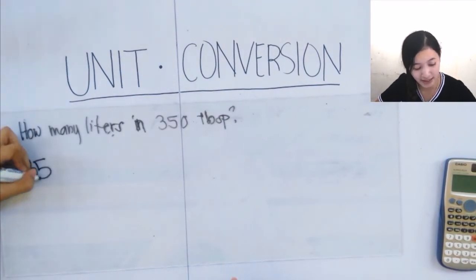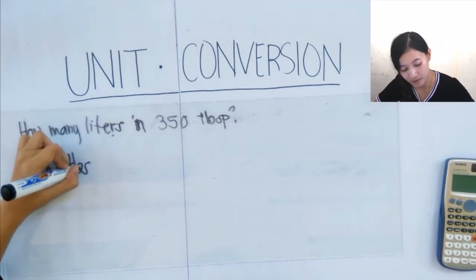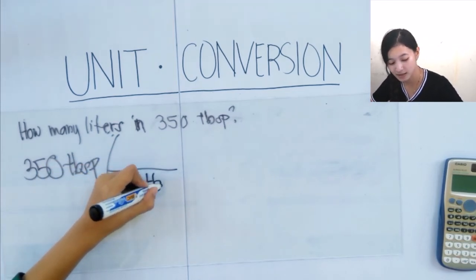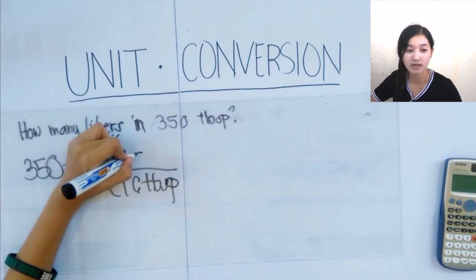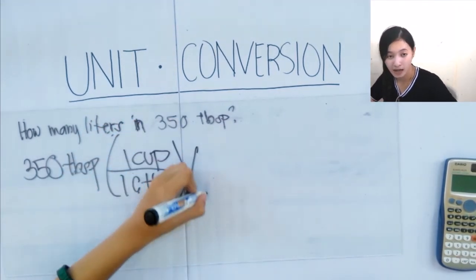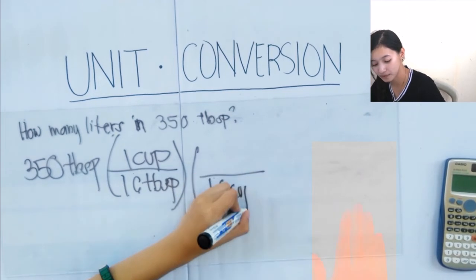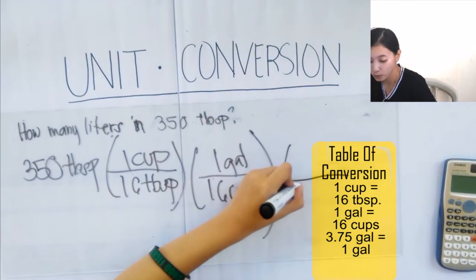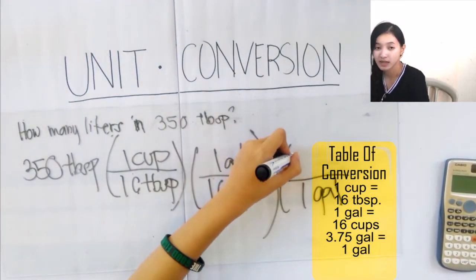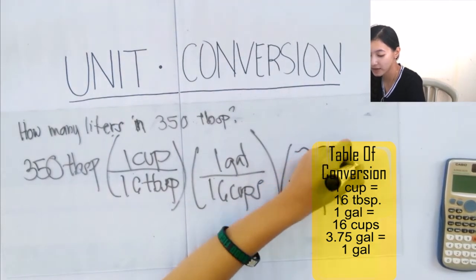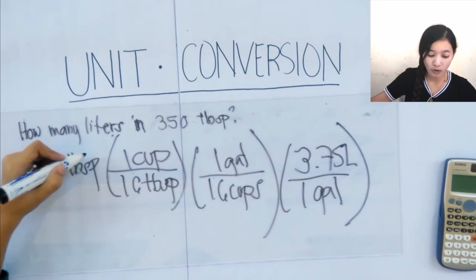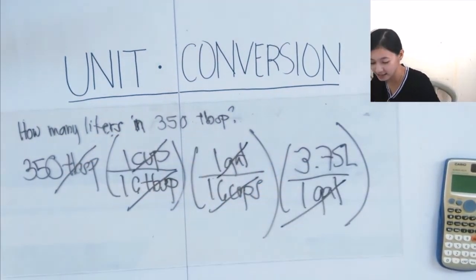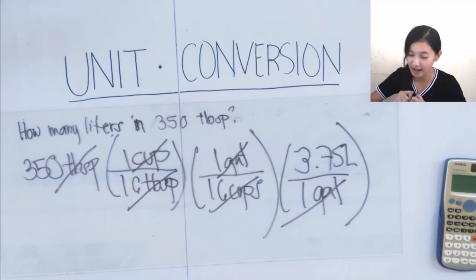So 350 tablespoons, 16 tablespoons is equal to 1 cup, and 16 cups is equal to 1 gallon, and 1 gallon is equal to 3.75 liters. So we need to cancel this out. This cancels. So the unit left is liters.